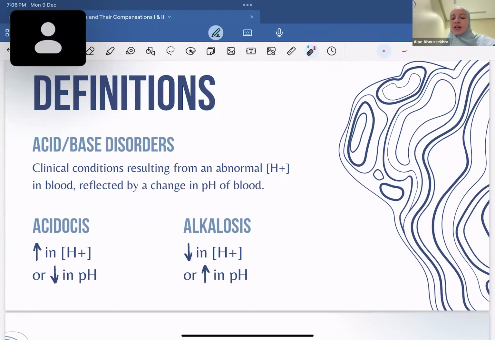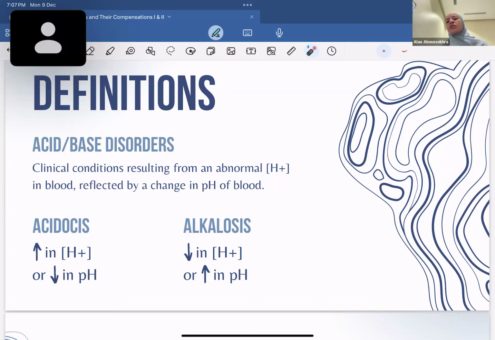It's basically a clinical condition where you have a change in the concentration of hydrogen, which is reflected in a change in the pH of the blood. We have two types of disorders: acidosis or alkalosis. Acidosis is when you have an increase in the hydrogen ion concentration, which means a decrease in pH.